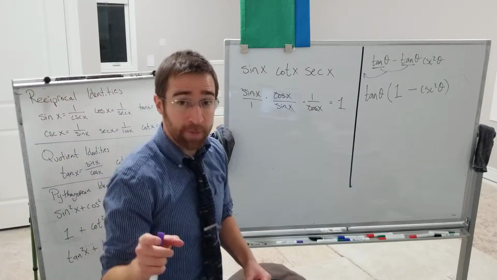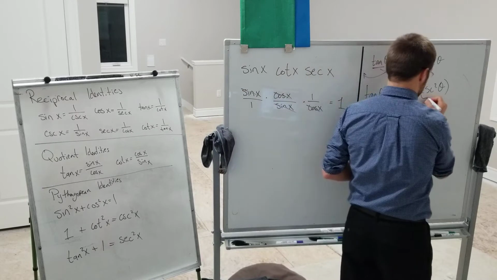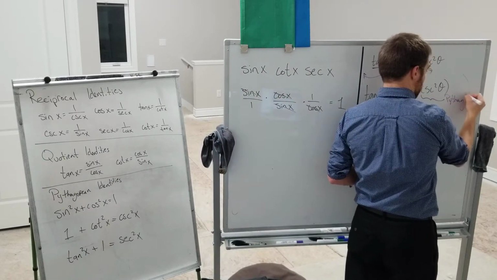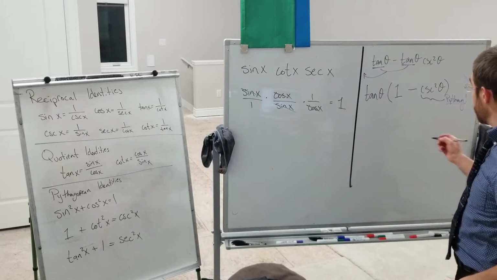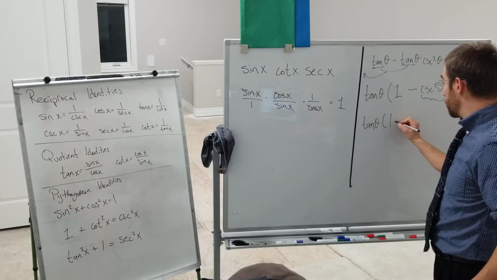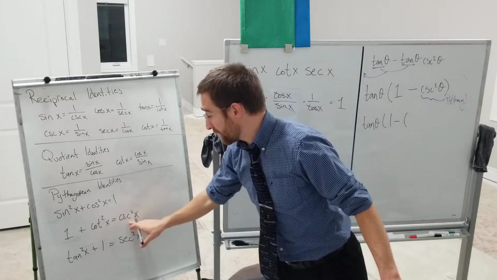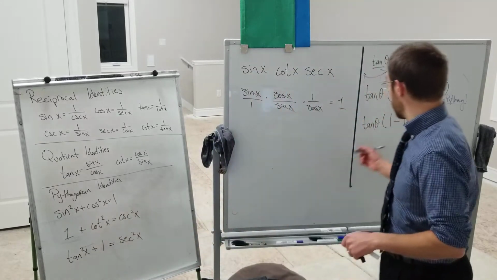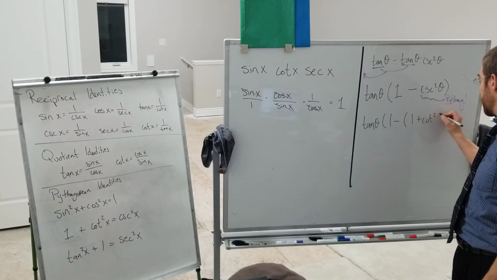So I'm going to substitute, instead of that cosecant squared, we're going to use the Pythagorean identity, and we're going to replace it with what it's equal to. So it's going to be 1 minus. And don't forget your parentheses here. We're subtracting a cosecant squared, so we need to subtract the whole thing that it's equal to. So 1 minus, and then 1 plus cotangent squared theta.